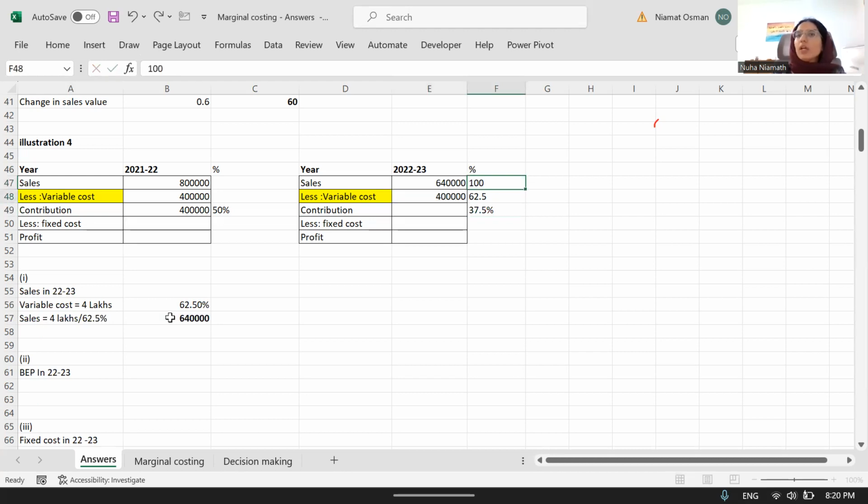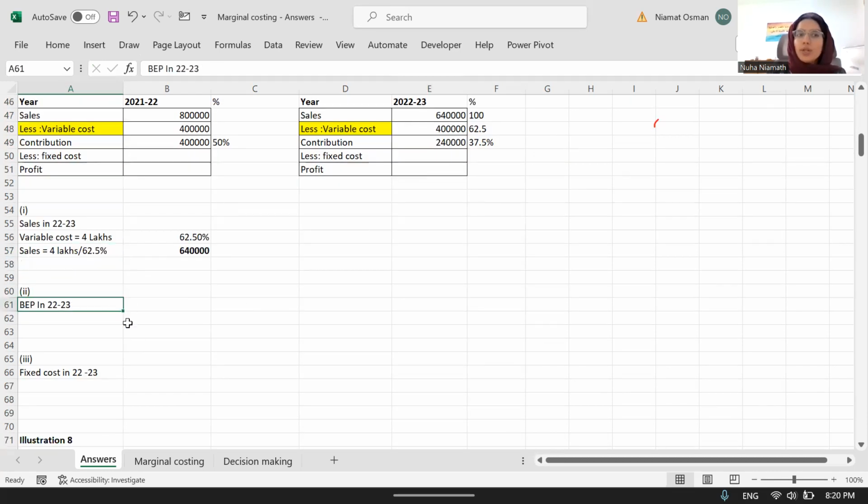Unitary method. In case people didn't understand, 4 lakh into 100 by 62.5 will give me 6,40,000. Then coming to my contribution, sales minus variable cost, it will be 2,40,000, which will also be 37.5% of sales. So we have cracked the first part of the question, which is sales in 22-23.